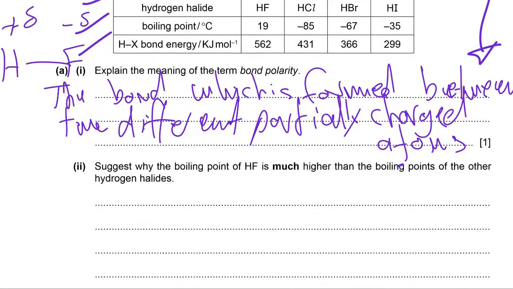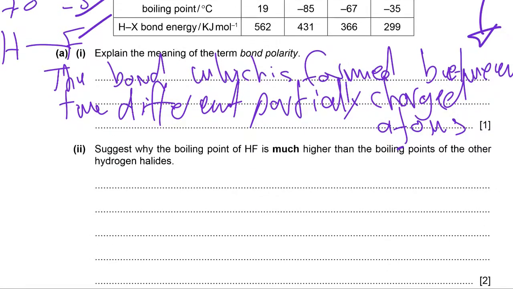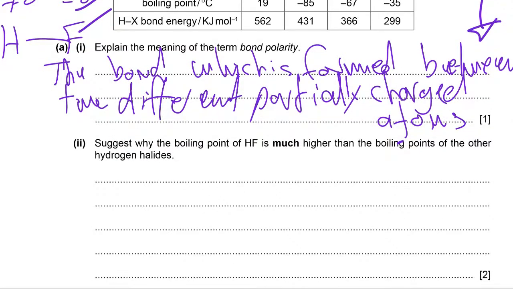In the next question, suggest why the boiling point of hydrogen fluoride is much higher than the boiling point of the other hydrogen halides. Because fluorine has very high electronegativity, actually it is the most electronegative atom in the periodic table, the intermolecular force between the hydrogen fluoride molecules is very strong, which is hydrogen bond.